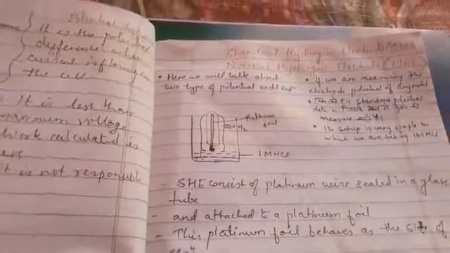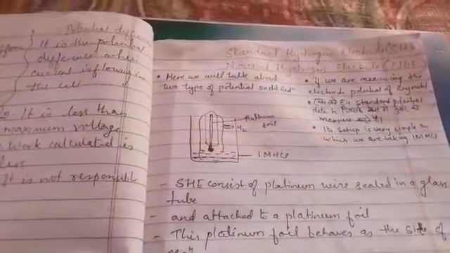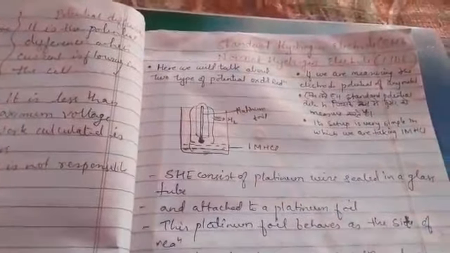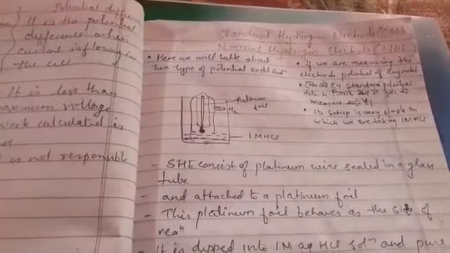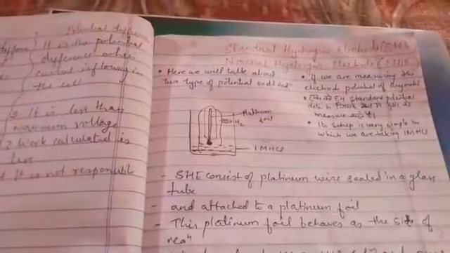Whenever we need to measure the electrode potential of any metal, it is required to have a standard unit in another half cell. Mostly we take two half cells. In one half cell we have a metal, and in the other also a metal, but that metal should be known, because only then can we calculate the electrode potential of the other one.